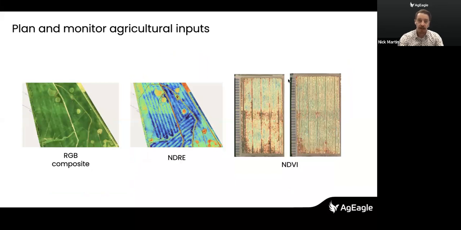So this is kind of a fun slide here. What we're looking at over on the left, or this is actually a rice, or sorry, this is a rice paddy. This is a peach orchard. So over here on the left, you can see, and this is just the RGB composite image, fairly routine.